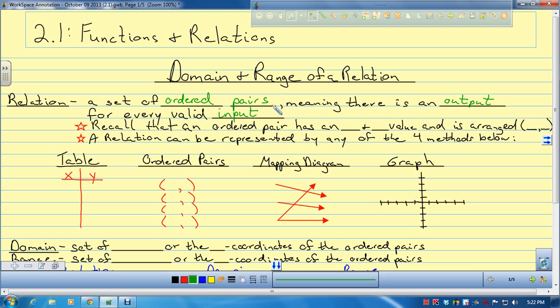Okay. A lot of this will make sense as we go on further. We'll get these definitions in, and then we'll go about doing some practice and whatnot.